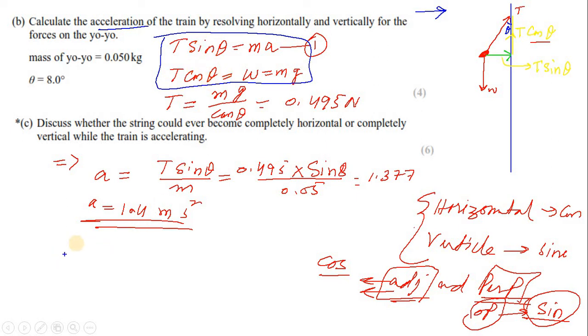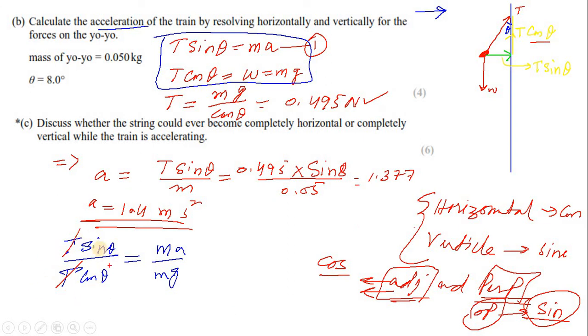We divide T sine theta by T cos theta. So on the left-hand side, T sine theta divided by T cos theta is equal to ma divided by mg. The benefit of dividing is you can cancel the T, so you don't need to find T and waste time here.